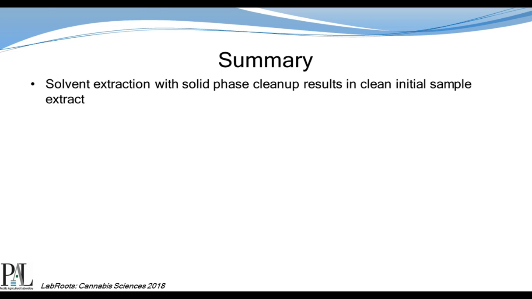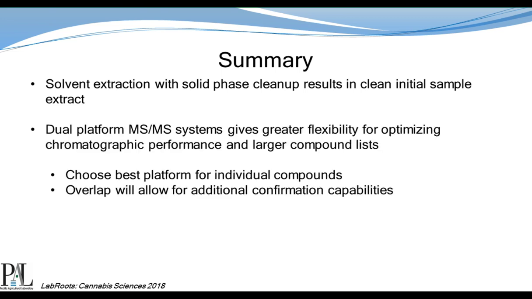To summarize, solvent extraction with a solid phase cleanup results in a clean initial sample extract. The whole thing we're trying to do here is deal with matrix so that we can get around suppression issues. Using a 2-platform MS-MS system gives you much more flexibility for optimizing the performance of specific compounds and doing larger compound lists.